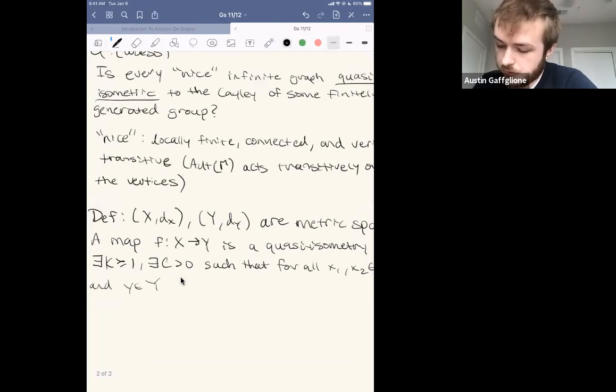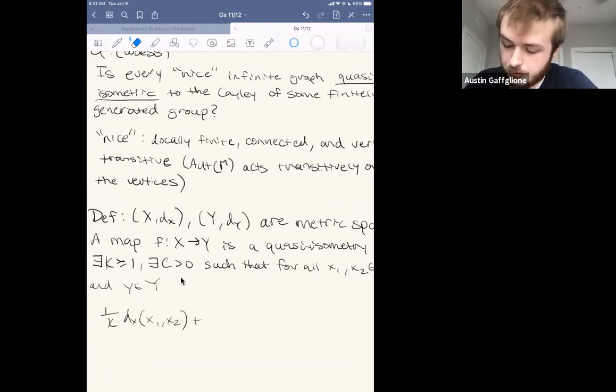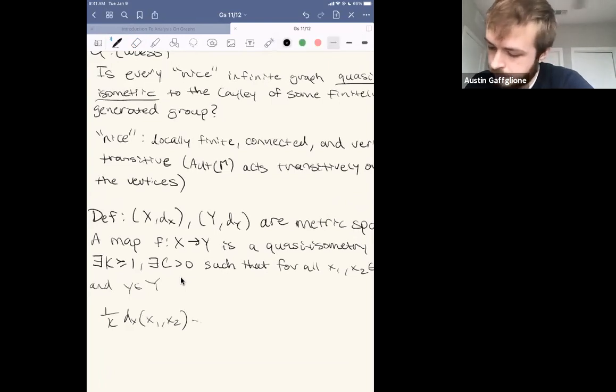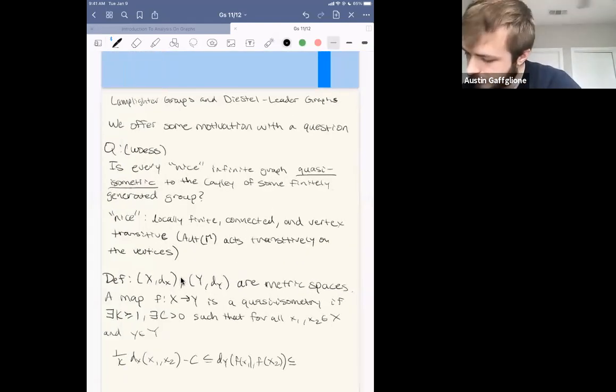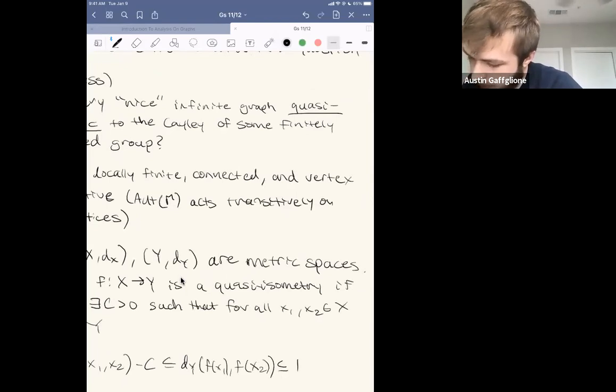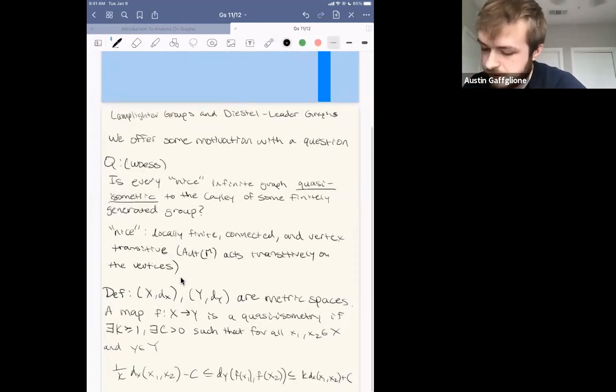The first one is this inequality, and we also have this inequality: K times the distance in X between x1 and x2 plus C. We also have this second property I should mention.